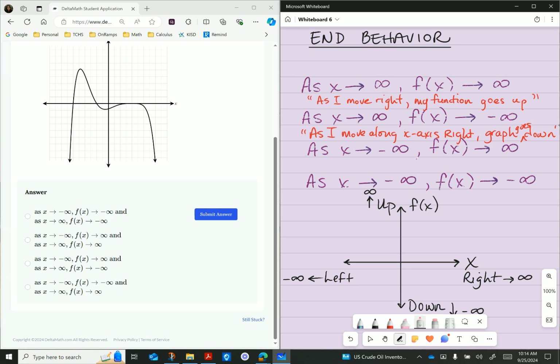All right, so here as x approaches negative infinity, as I go left, my graph is going up. As x approaches negative infinity, this means again, on the left-hand side, my graph is going down.